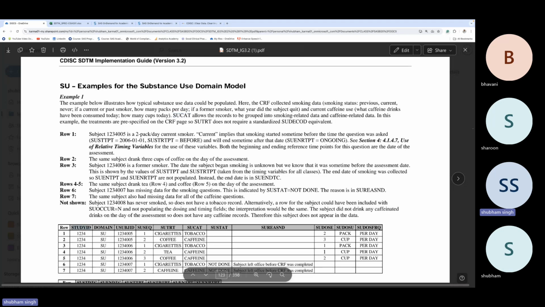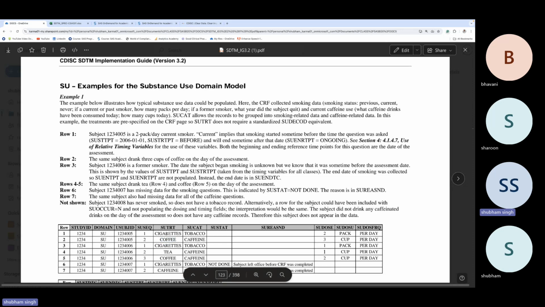Study ID will be in each of the datasets. Domain contains the substance use dataset's short name, SU. Subject ID will be in each of the datasets. Sequence means this subject's data is collected a second time. You can see the same subject appears 2 times. One time we have captured his cigarette data and one time coffee.